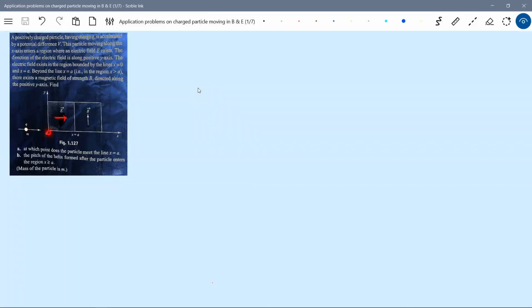The direction of the electric field is along the positive y-axis. Some correction is there. It should be x-axis.